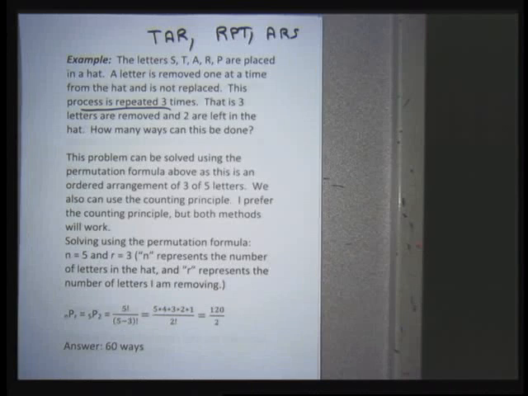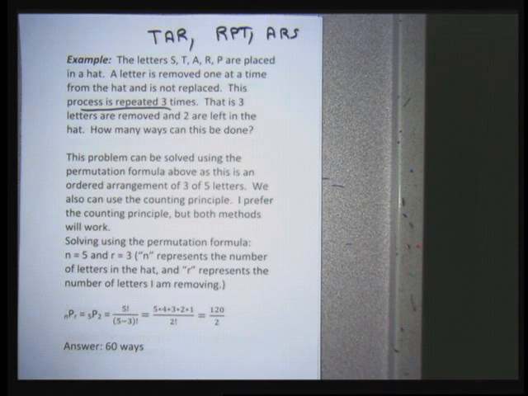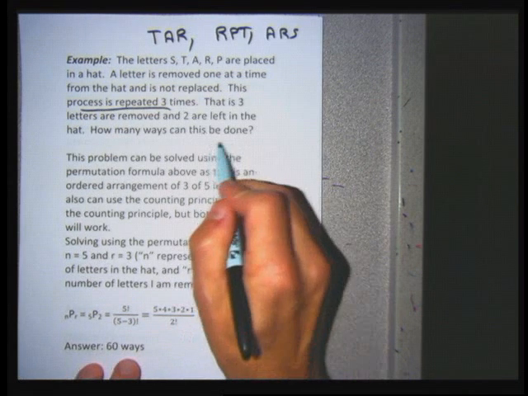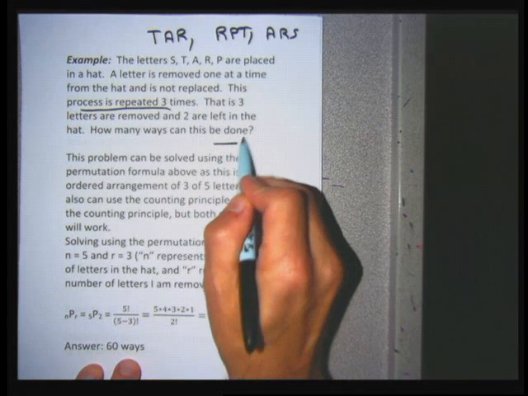So this is what this example is telling me. I'm taking the same 5 letters, shoving them into a hat, and I'm only pulling out 3 of them. Question is, how many different groups of 3 letters might I get? Easy enough to do with the counting principle. For the counting principle, I'm going to make 3 dashes.